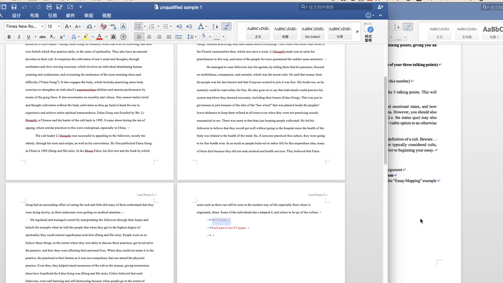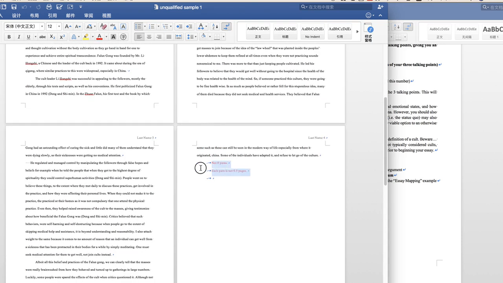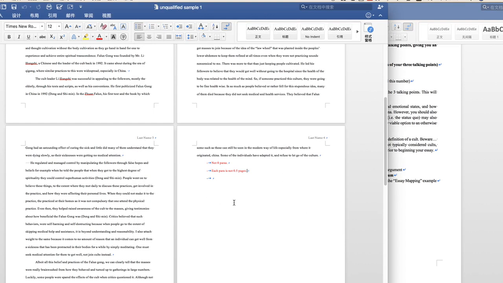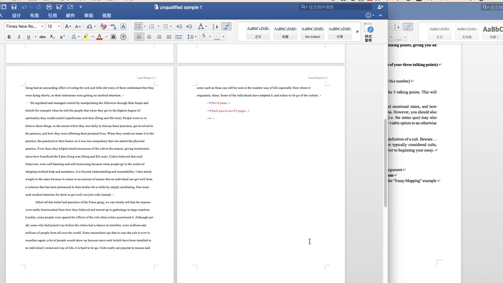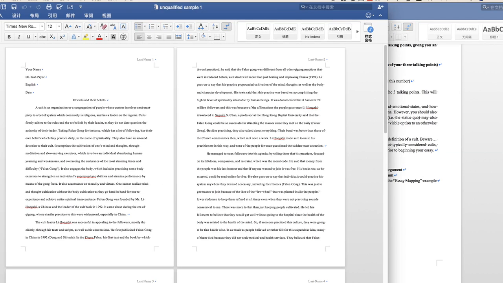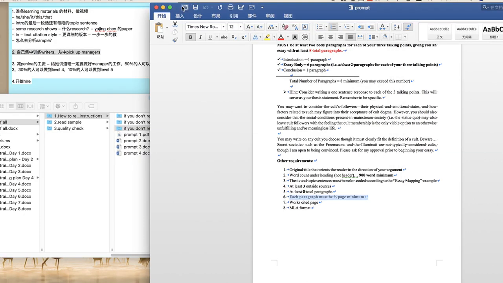It's not 8 paragraphs. And each paragraph is not 0.5 pages, but in the prompt, it stated that each paragraph must be 0.5 page. It's very easy to make errors like this, but please avoid that and save your time, save my time.